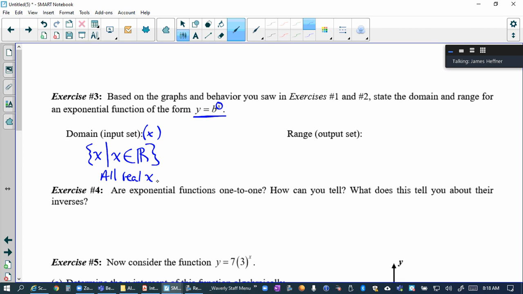What about the range for y equals b to the x? It cannot go lower than 0. It will never reach zero, right? So our range, our y's, would be all y values such that y is greater than 0. Greater than or equal to, or just greater than?